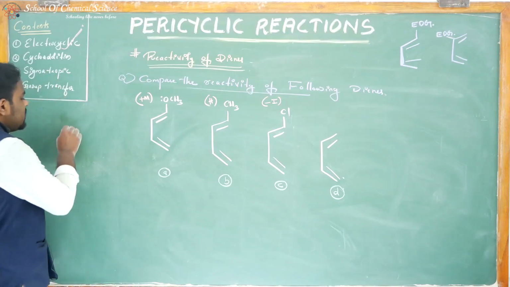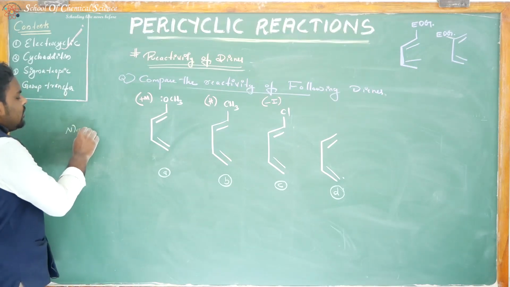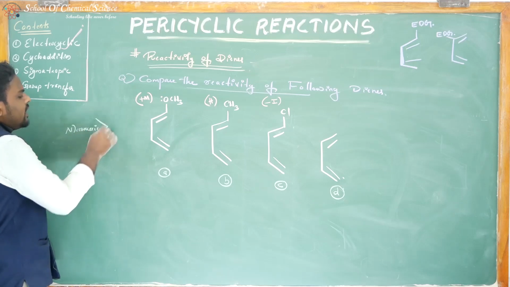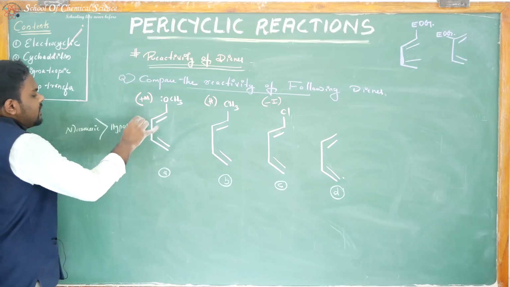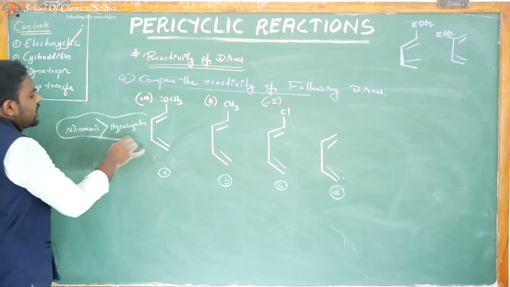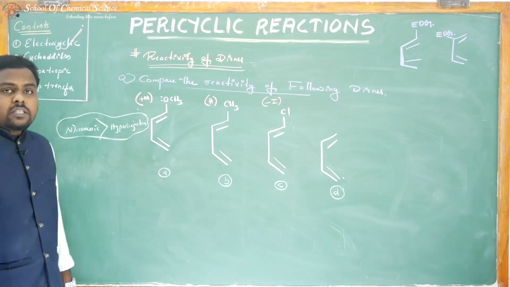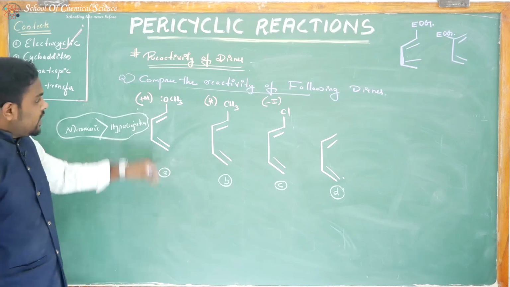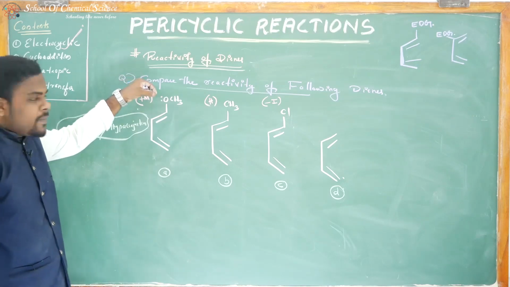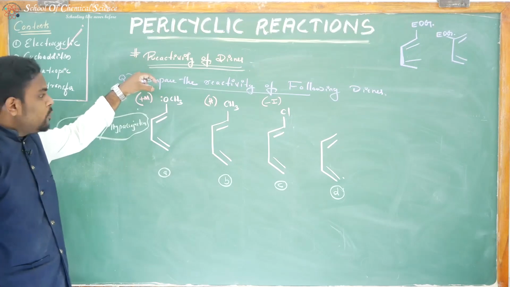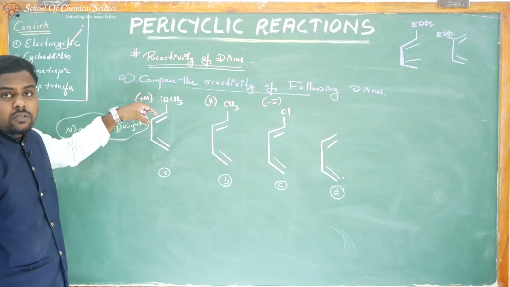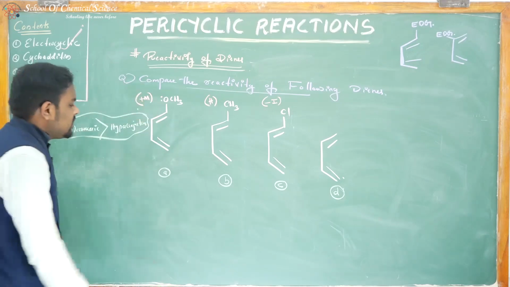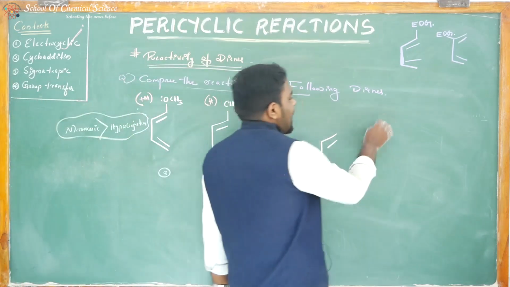Always the mesomeric effect is predominant over hyperconjugation. We will discuss this in general organic chemistry. A group having a lone pair of electrons attached to a conjugated system will show mesomeric effect. So always A is the most reactive.